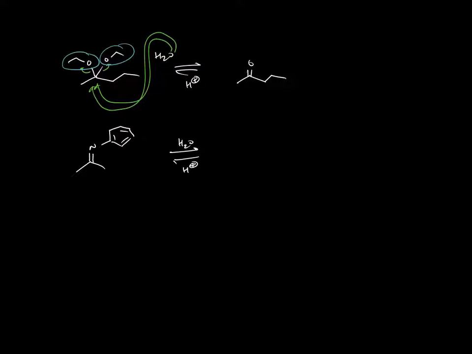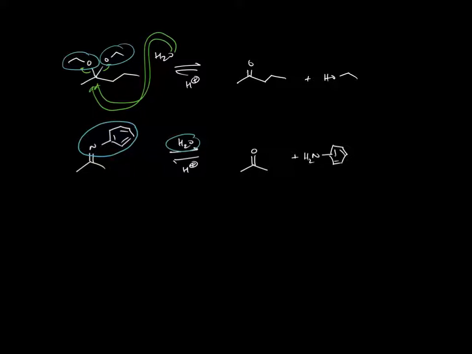It would add on the water and take off this whole chunk right here. So in the same way that we can turn a C double bond O into a C double bond N, we can turn a C double bond N into a C double bond O. That would also kick off NH2 attached to a benzene ring, just like the ones up above. If I kicked off these two molecules, I would generate ethanol.